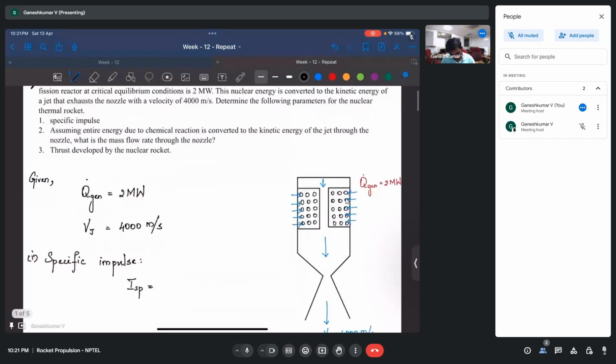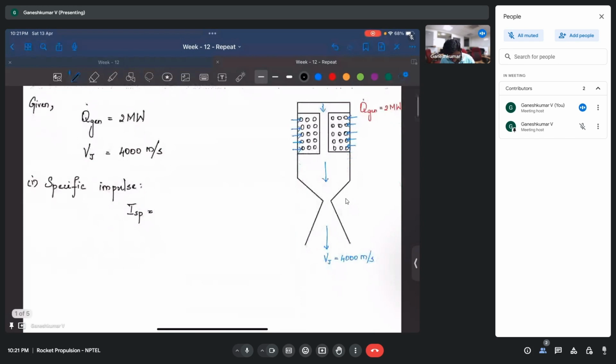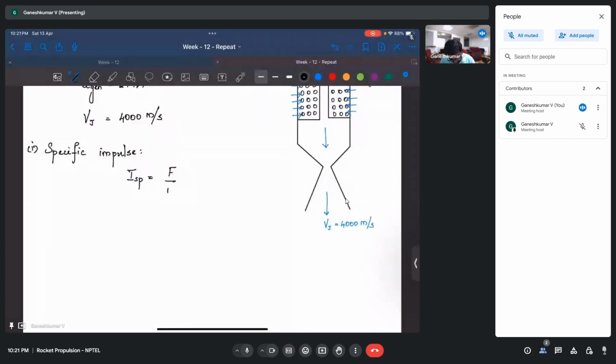The reason is that Isp is usually defined as F by m dot, and we know the thrust is going to be m dot times Vj, plus there is going to be some pressure thrust, F_P, which is a function of the exit pressure and the ambient pressure.